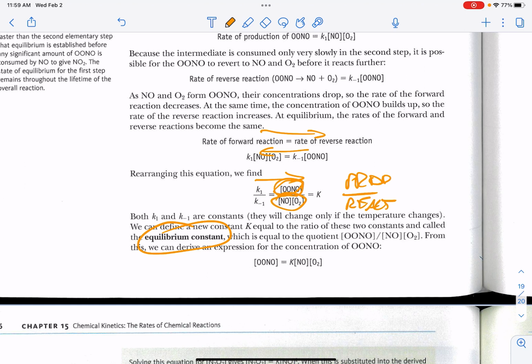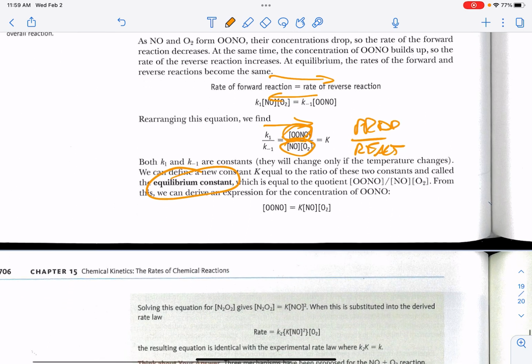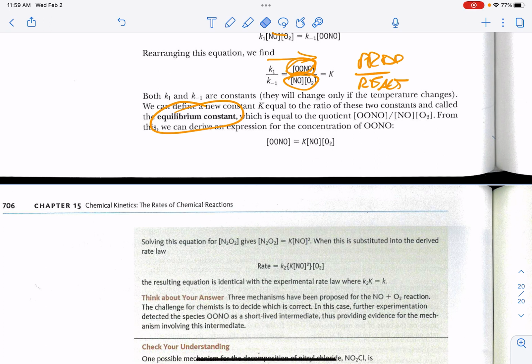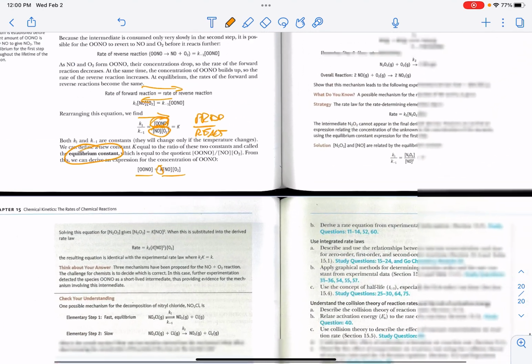So in that first step, my product is OONO, and the reactants are nitrogen monoxide and oxygen. So now when I write my rate law, we see that it has OONO in it, and there's my equilibrium constant. And what we're going to do is actually get that to cancel out.